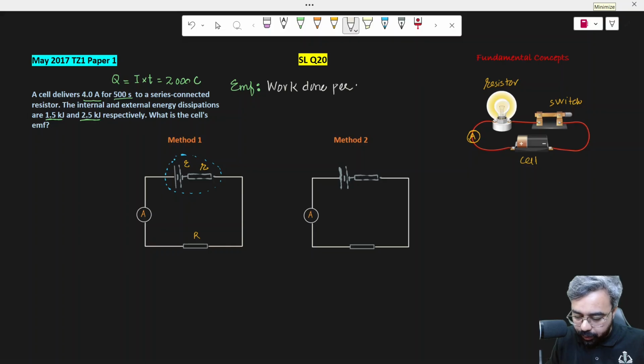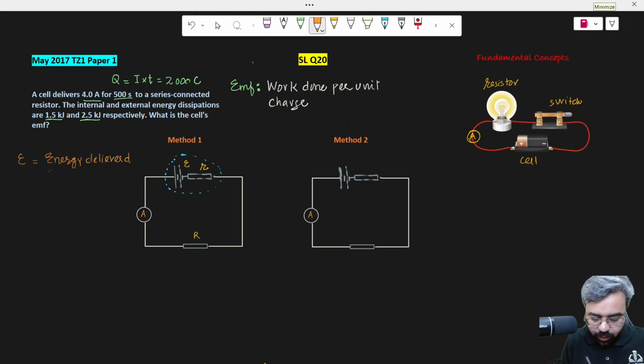It is the potential difference of a cell. But remember that this work done is actually the energy delivered. It is equivalent to the energy delivered by the cell or battery to move the charge across the circuit if the circuit is complete. So we can say that the EMF E is equal to the energy delivered, which comes from the work done that a cell or battery does, per unit charge. So we should write it.